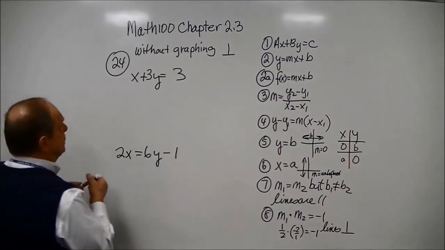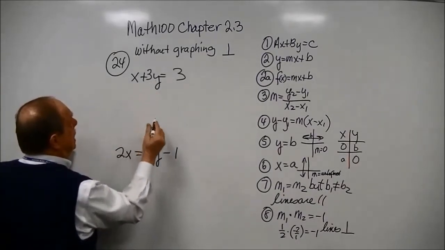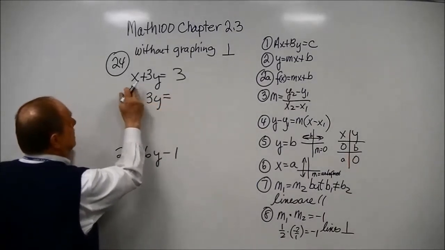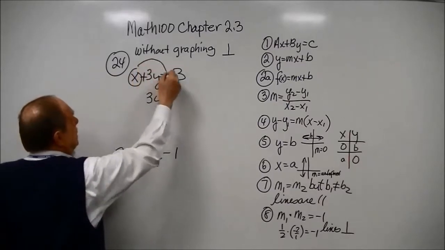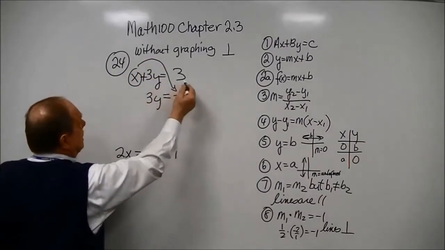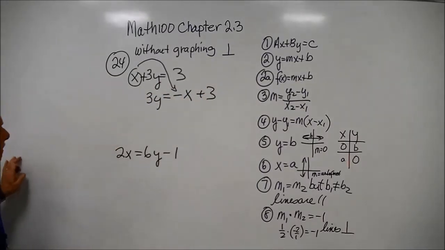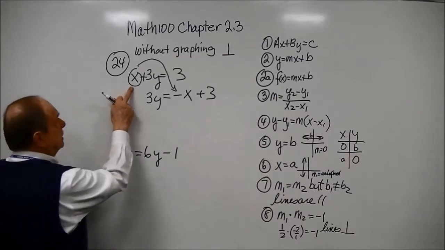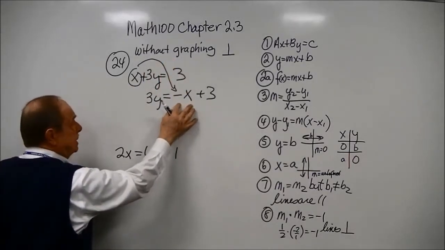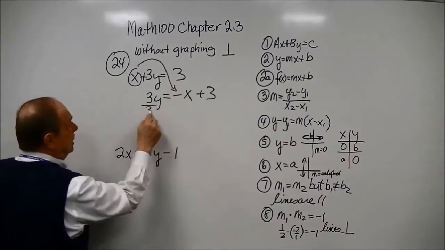So for this equation, we want to solve for the letter y. So we go 3y equals, I'm going to take this term, transpose it, it becomes a -x, and then the +3 stays there. So just by taking the x term to the other side of the equation, by transposing, I change its sign, and now I divide everything by 3.